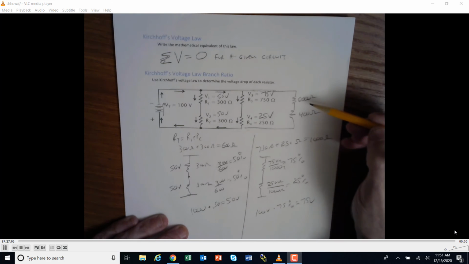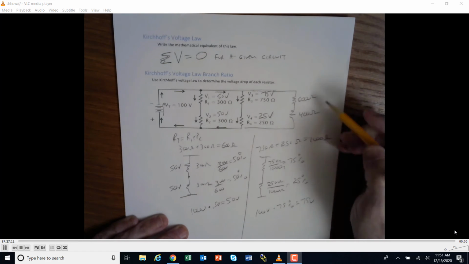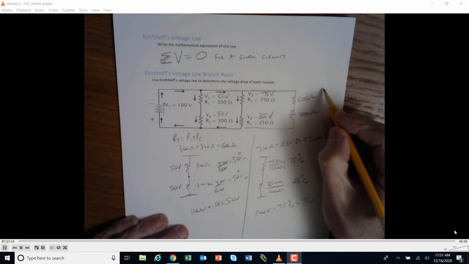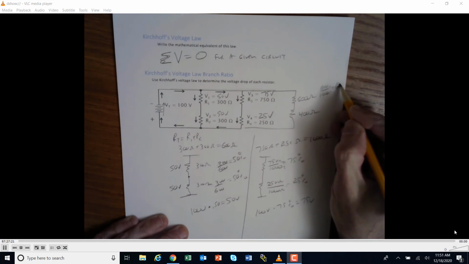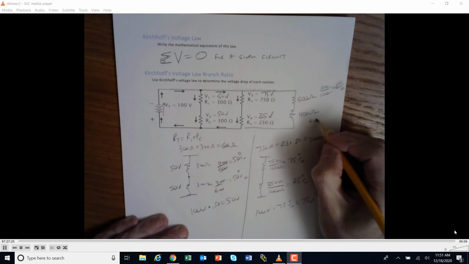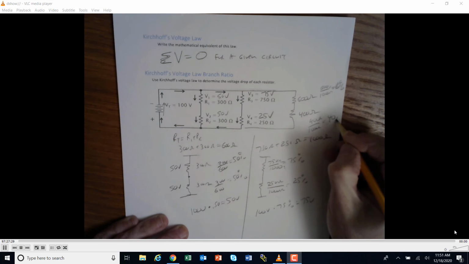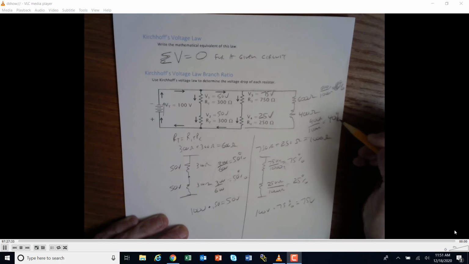One's going to drop more than the other because they're not equal here. So what percentage is this? This is 600 out of 1,000, which is 60%. And this one is 400 out of 1,000, which is 40%. So we've got 60% and 40%.